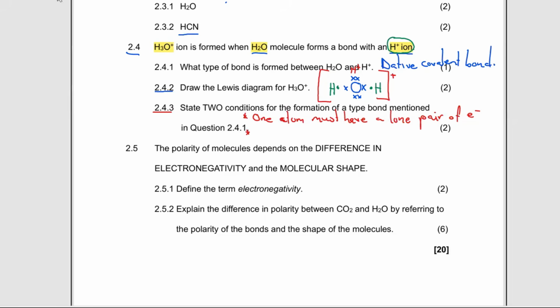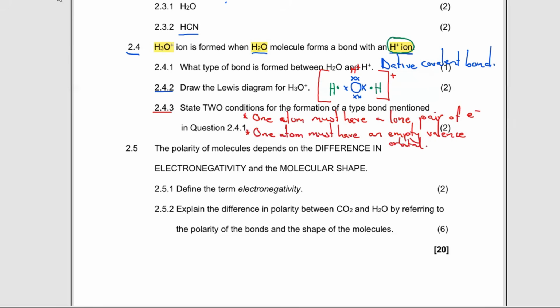The second one is that one atom must have an empty valence orbital. By this we are referring to the outer shell. The outer shell should be empty.